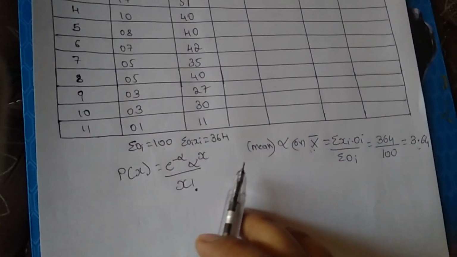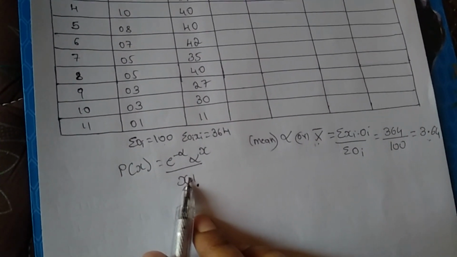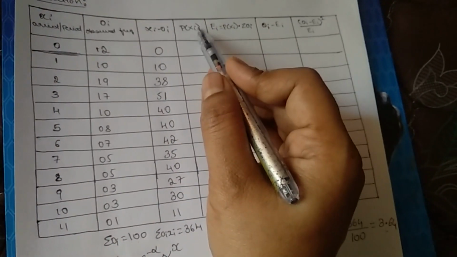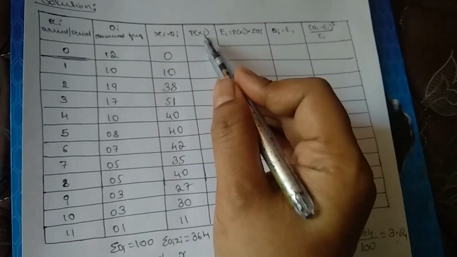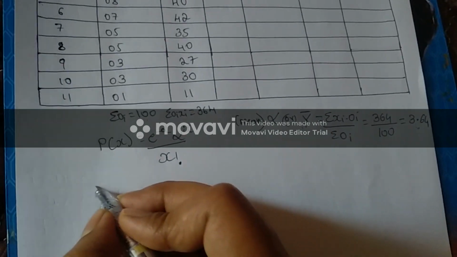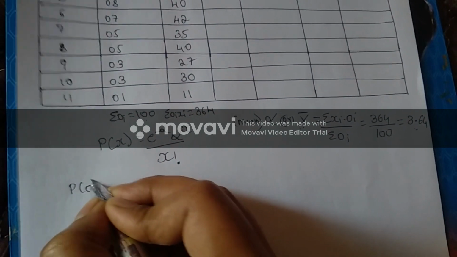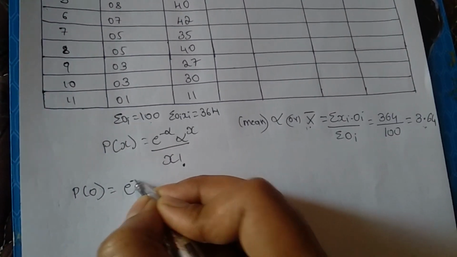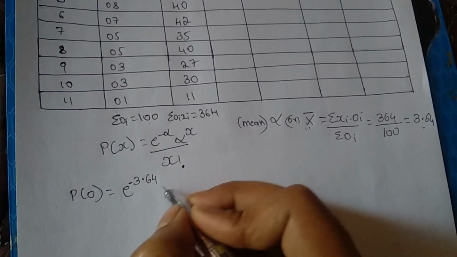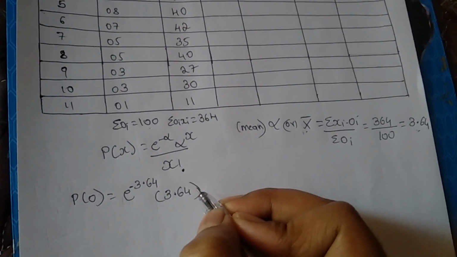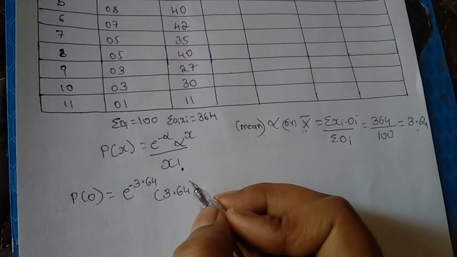By using this, you have to find P of 0 to P of 11. See, P of 0, P of 1, P of 2, P of 3, like that till P of 11 you have to calculate. You have to show all the things. P of 0 is equal to e power minus 3.64 into 3.64 whole power x.